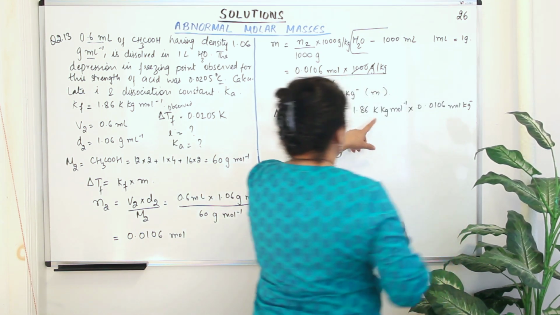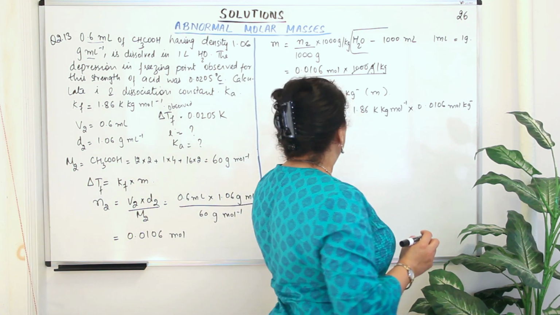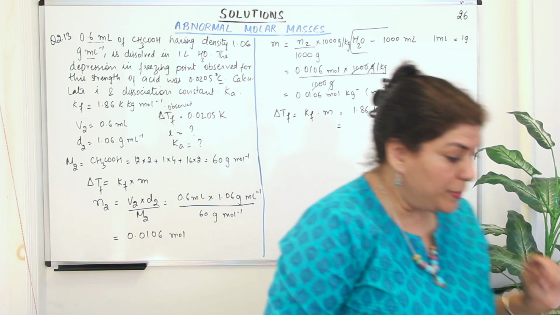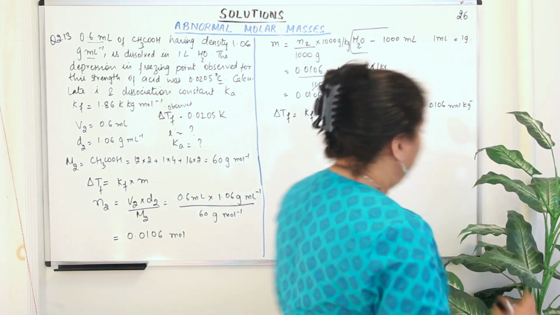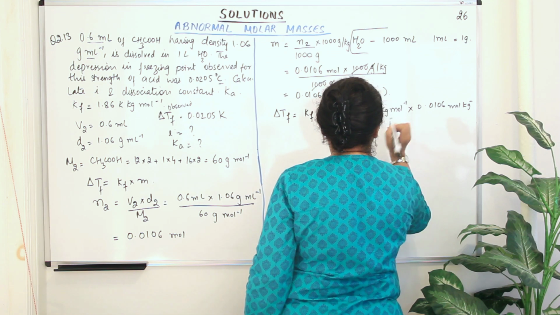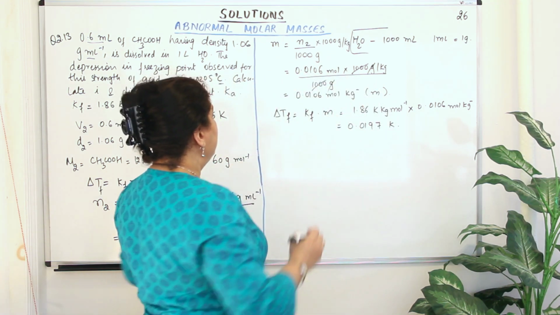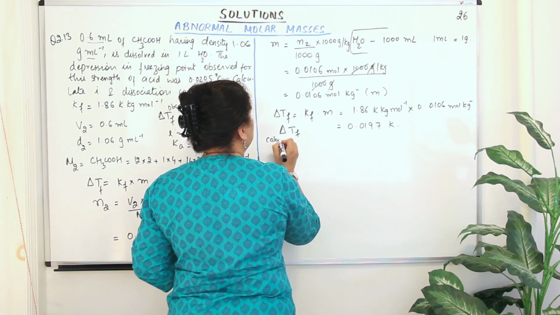Anyway, that will be cancelled out in the end. So delta Tf, when you calculate this, would come out to be equal to 0.0197 Kelvin. Now, this is the calculated colligative property.